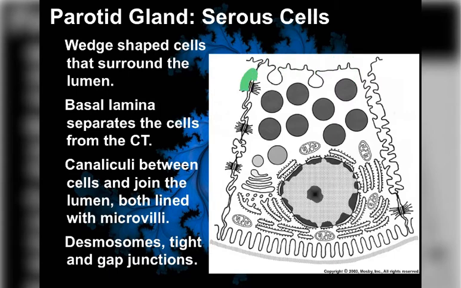We have desmosomes between the cells like these. We have tight junctions like this one here, and we have gap junctions, which are chemical coordination between the cells.